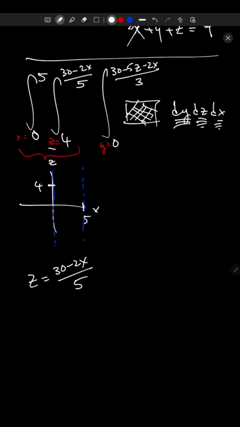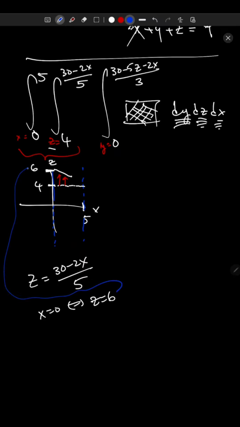30 minus 2x over 5 is a line with negative slope. When x is 0, z is equal to 6. So it comes downwards like that, and we're integrating from 4 upwards. So our dz integral is represented by lines like this. Where does this line end up when x is 5? Let me write down here, x equals 0 corresponds to z equals 6, and that's how we got that 6 right there.